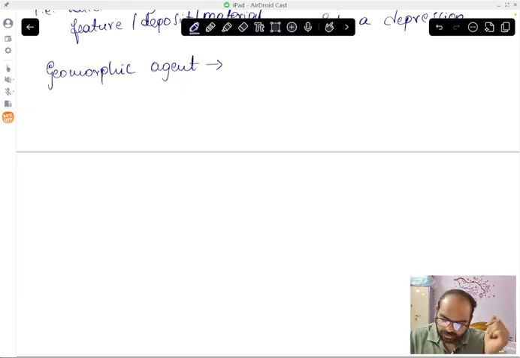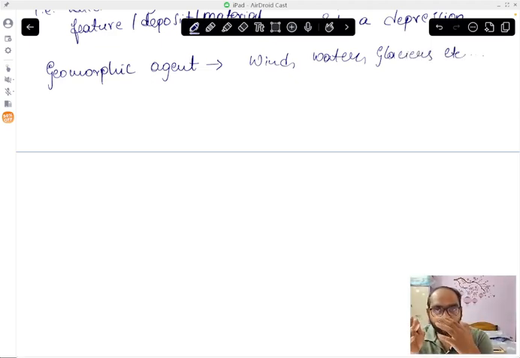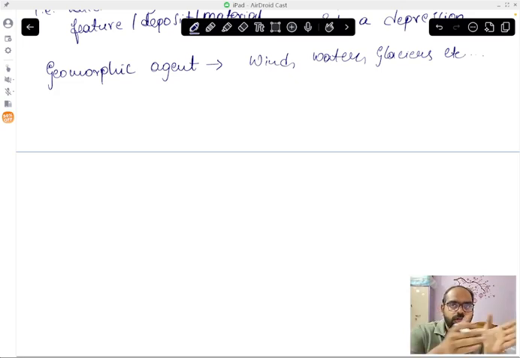A natural element like wind, water, glaciers, etc., which can transport material from one place to another, is called a geomorphic agent. These can transport materials from the place of weathering to the place of deposition. That is a geomorphic agent.